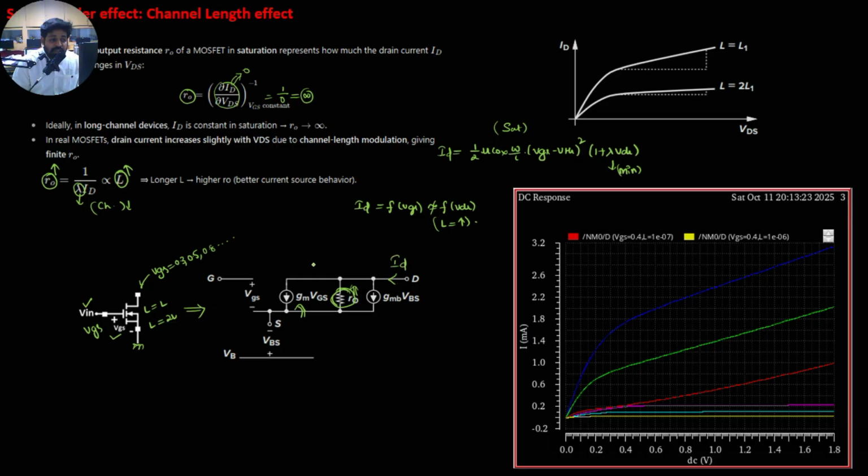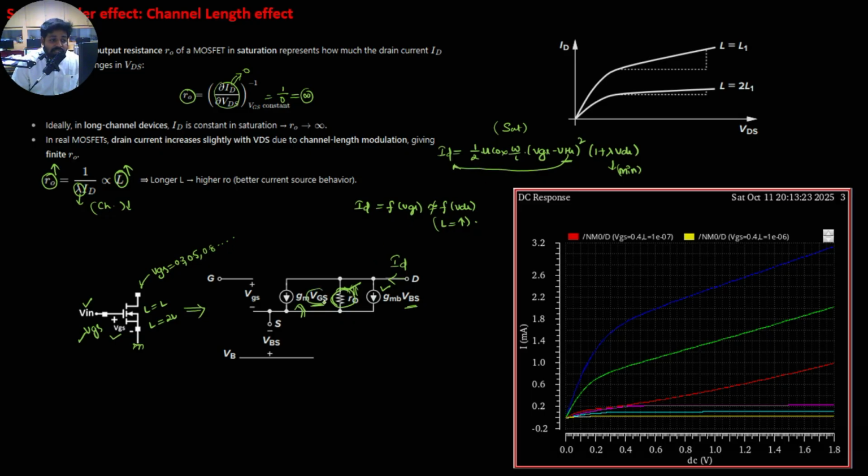The drain current is controlled by the VGS, and the drain current is also controlled by the VDS. The drain current is also controlled by the VBS, because when VBS changes, the threshold voltage varies, and that controls the ID.